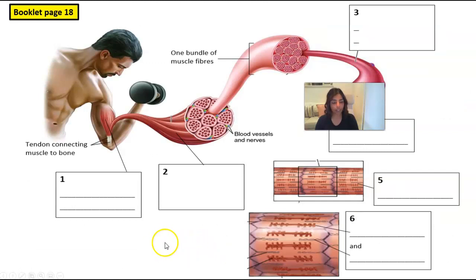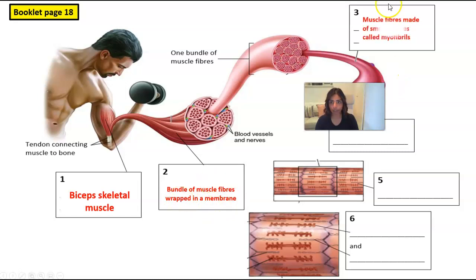Okay, so we're going to go back to the booklet page, page 18, and we're going to fill out this diagram. So the first thing here is that we know we're looking at the biceps muscle, and within that we are isolating one bundle of muscle fibers which are wrapped in a membrane. You don't need to know the name of it, but it is the epimysium.